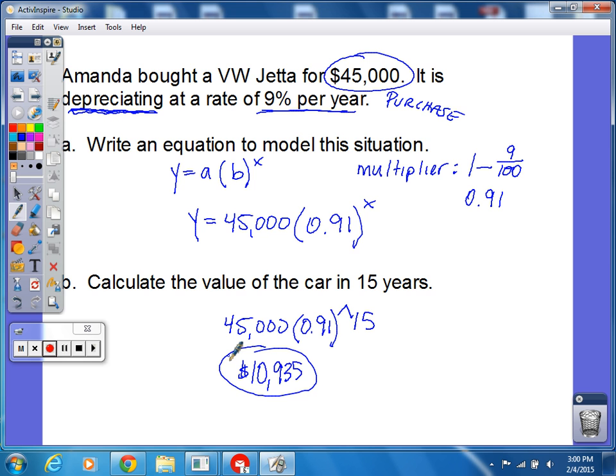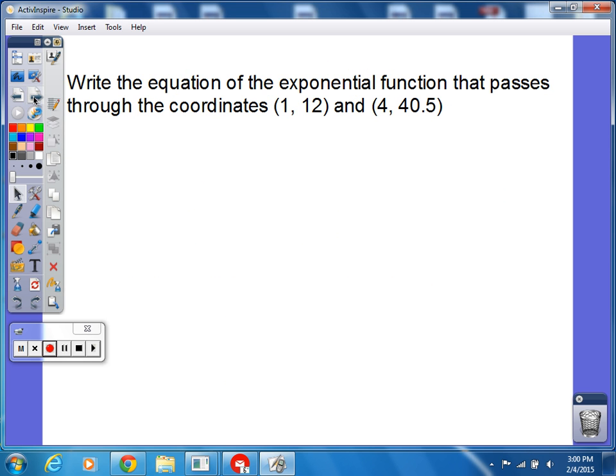of value. Second part there is to write the equation of the exponential function that passes through the coordinates (1, 12) and (4, 40.5). So if you remember, we had some specific steps for this. The first step was to substitute x and y into our equation for y equals AB to the x.